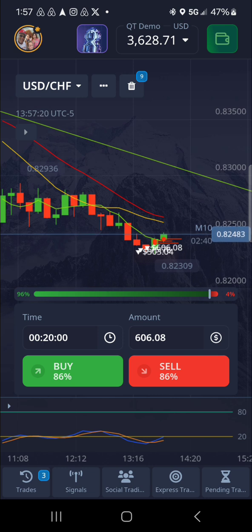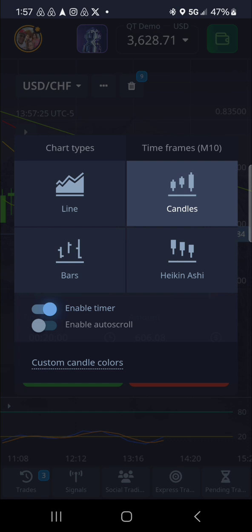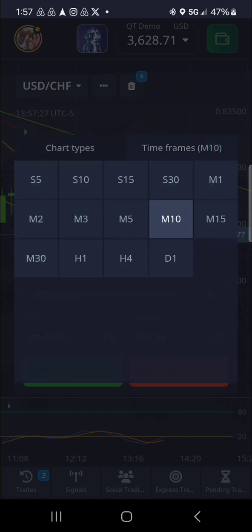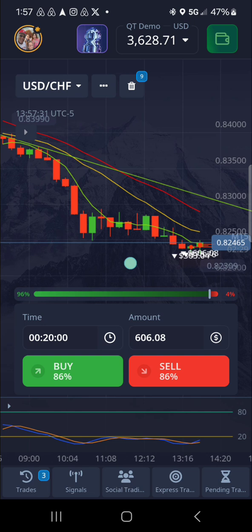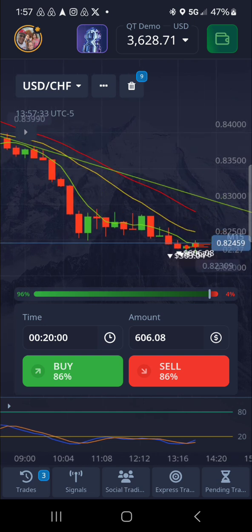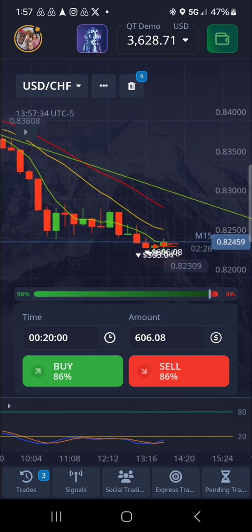And if you expand out even more to a 15-minute candle, you'll see that it's pretty much stayed under. It popped up right here for a second, and then it went right back down.